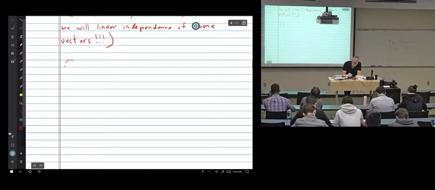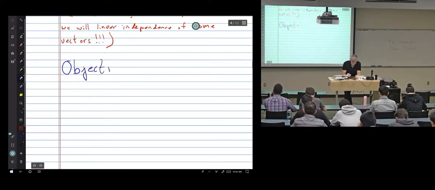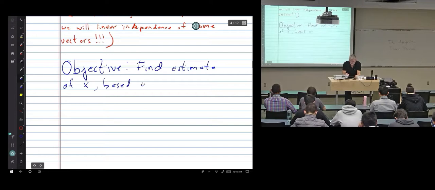More precisely, objective. Find an estimate of x based on the measurements y that minimizes the variance.